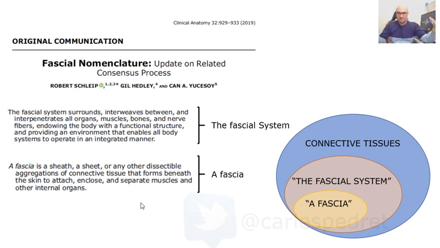So it's the surrounding tissue. And a fascia is a sheath or any other dissectable aggregation of connective tissue that forms beneath the skin to attach, enclose, and separate muscles and internal organs.